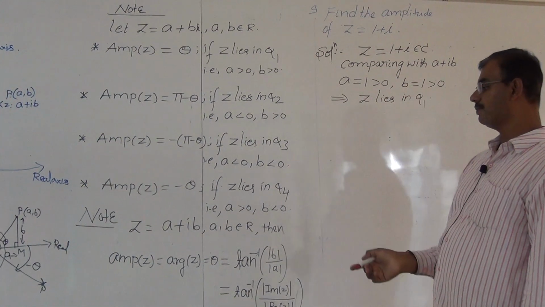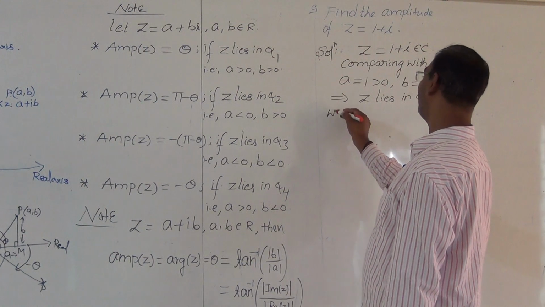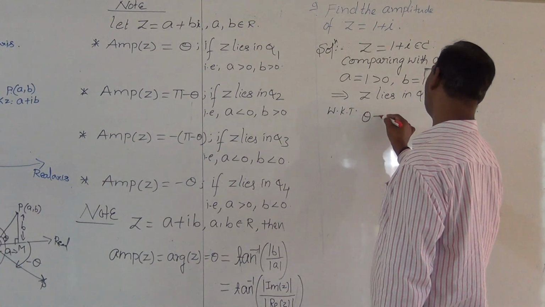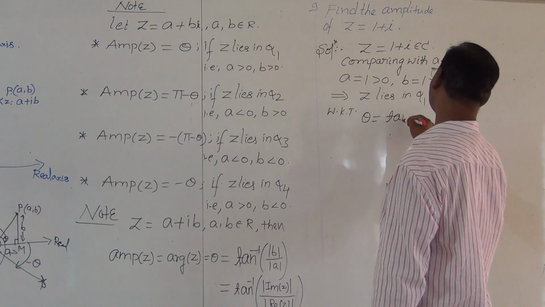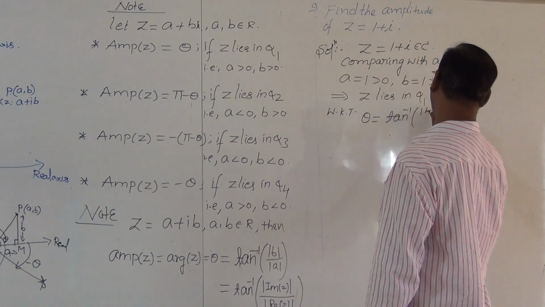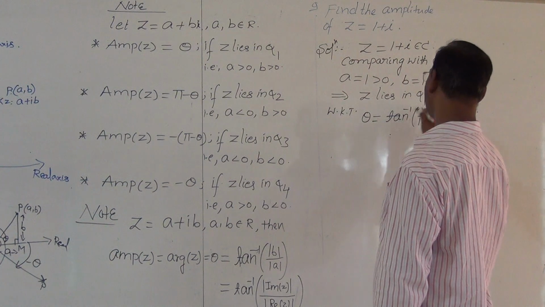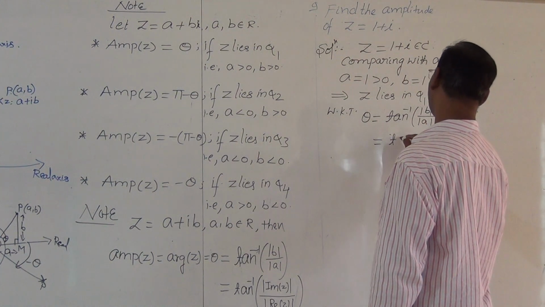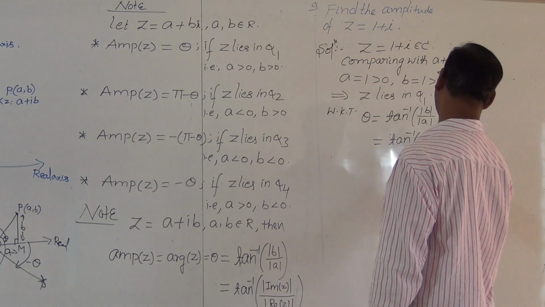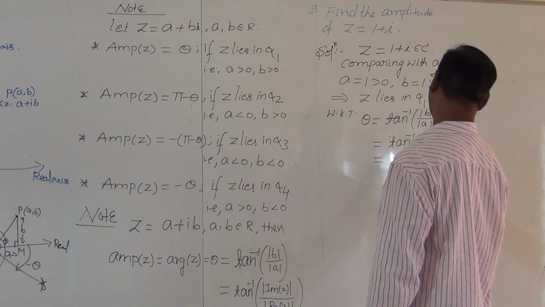The second step, find the theta value. So we know that formula. We know that theta is equal to tan inverse of mod of B divided by mod of A. This is the imaginary part by the real part. Tan inverse of mod of 1 divided by 1 is equal to tan inverse of 1.